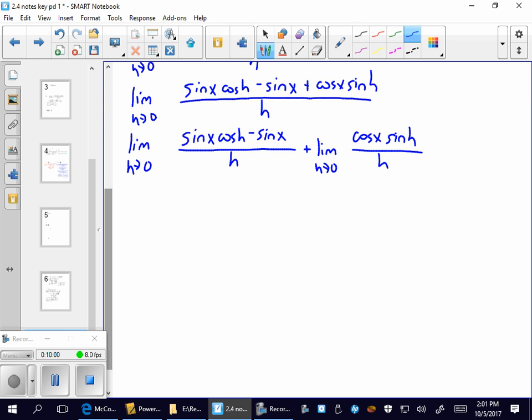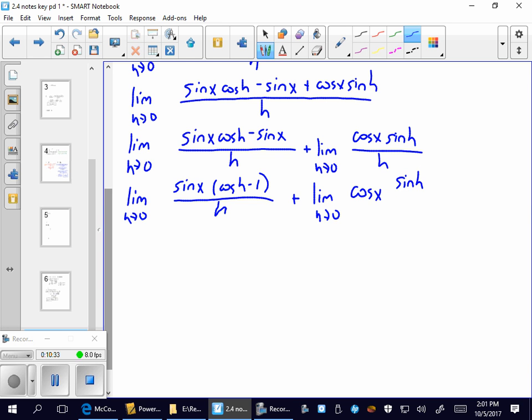All right, hopefully you're starting to see what might happen here. Notice that the limit is when h approaches 0. So sine of x can be split off of this top thing right here on the first one, factoring out sine of x. Then I've got cosine h minus 1 all over h, plus I'm going to go ahead and split the second one to just be cosine x times sine of h over h.